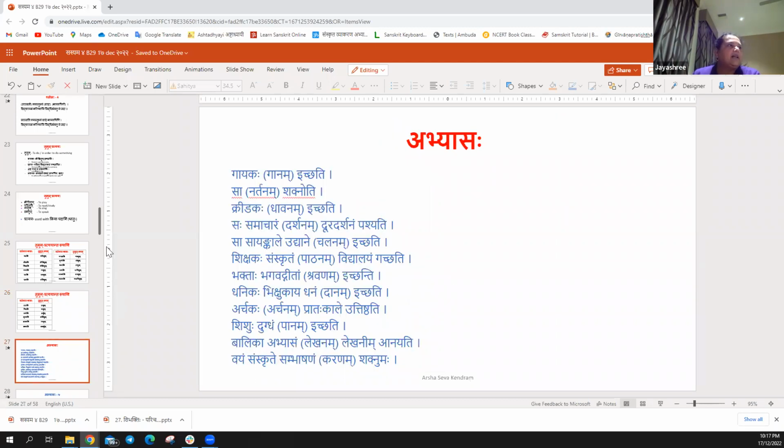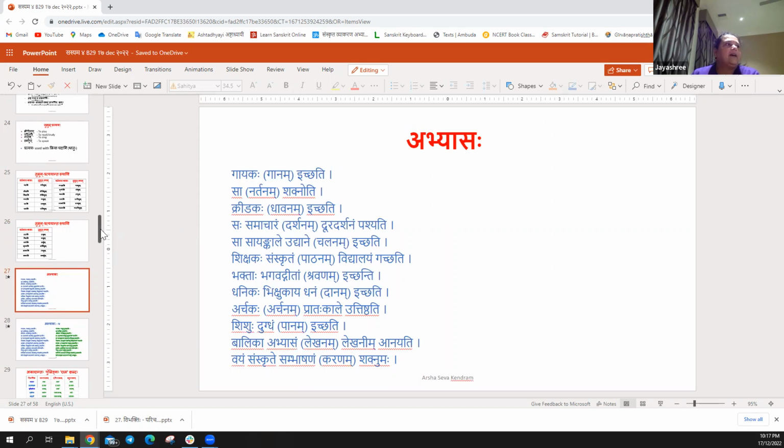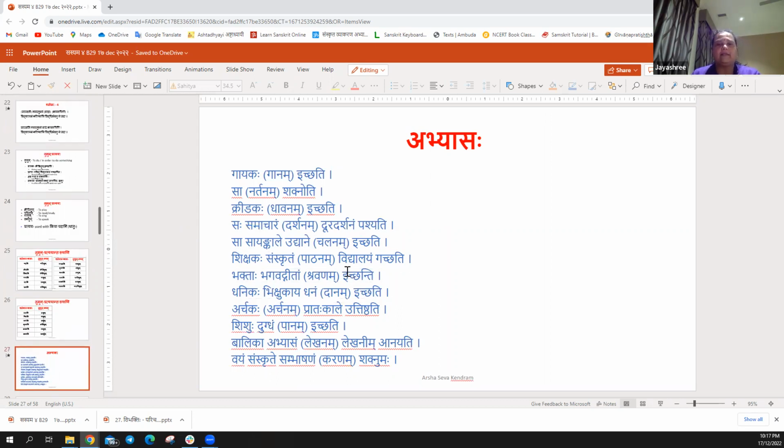Okay, we'll do some abhyasa, so that we will be a bit perfect with this. Gayakaha ganam ichati. Ganam is the word where you have to put tuman pratyaya.